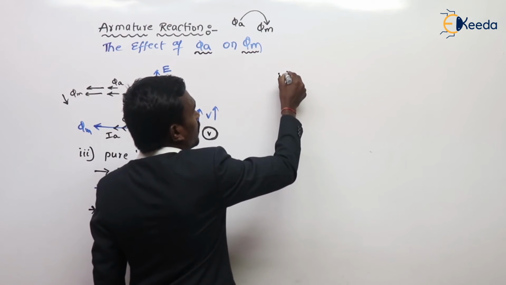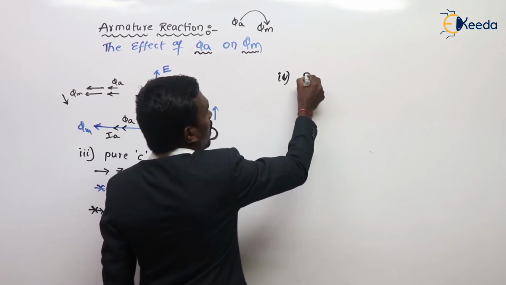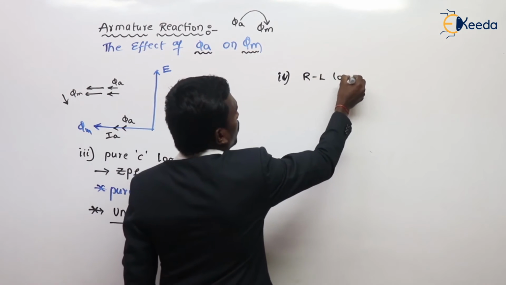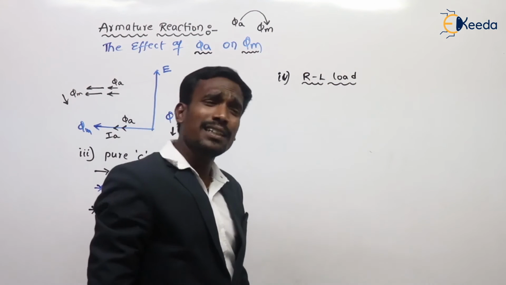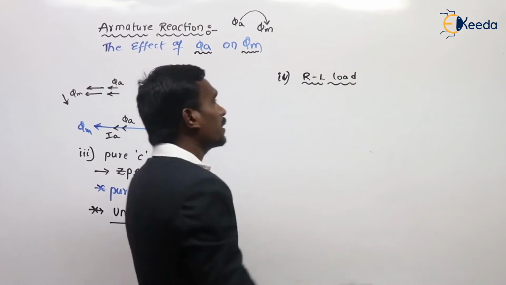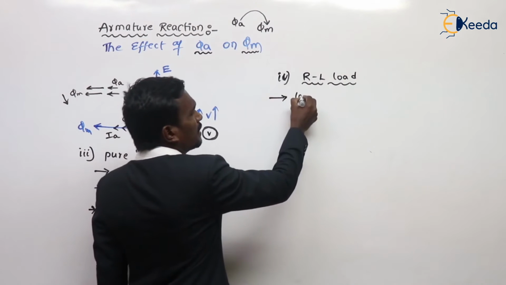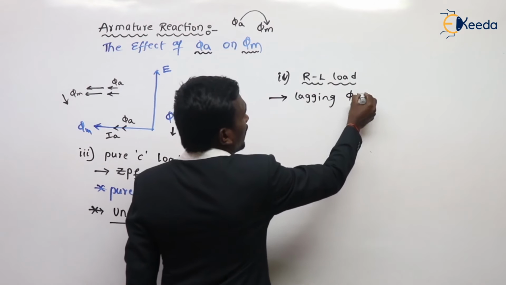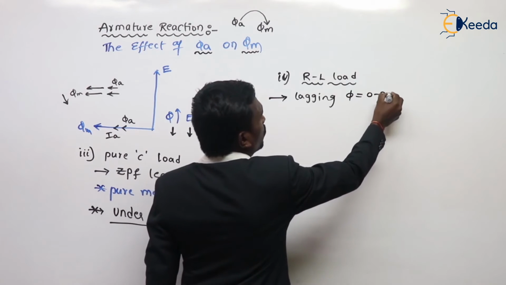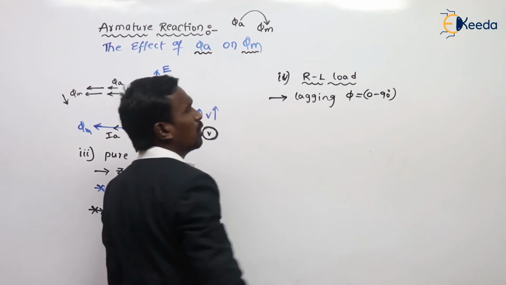The fourth case is RL load. What is the power factor? Simply lagging power factor. Here phi is in between 0 to 90 degrees. We don't know how much it is.